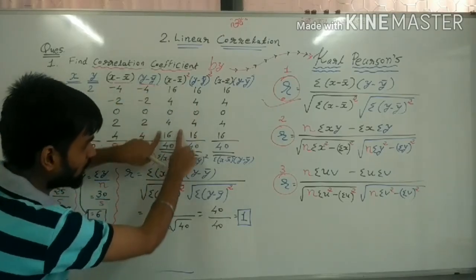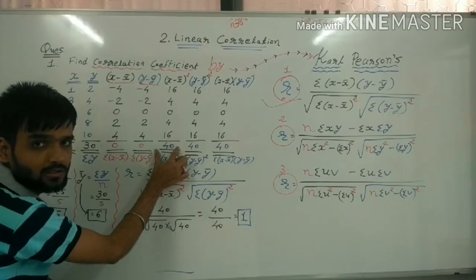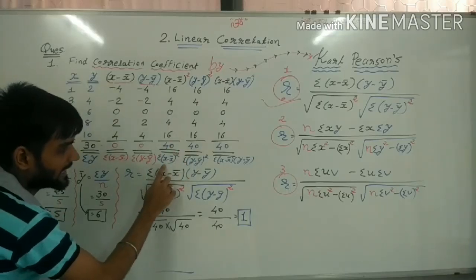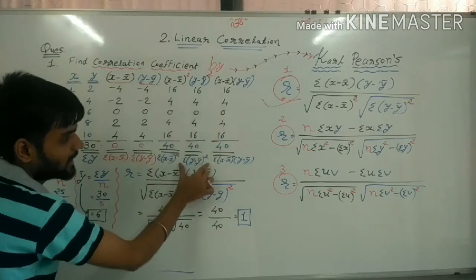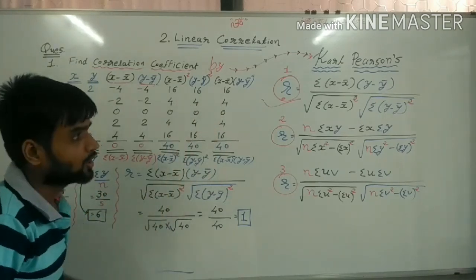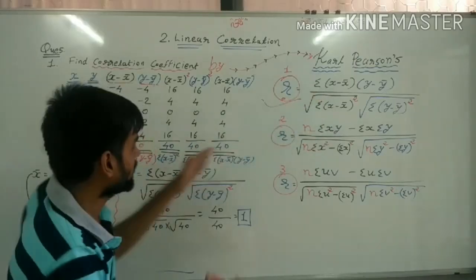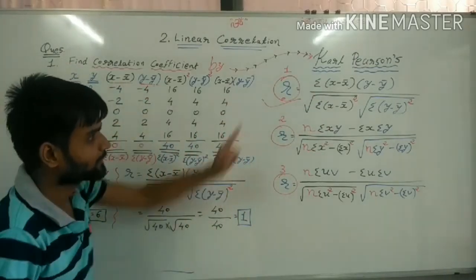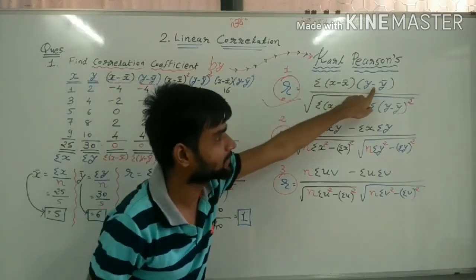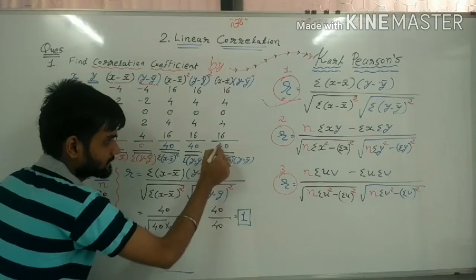If we take the total of all of this, then we find sigma x minus x bar square. In the same way, y minus y bar square. So which three values do we need? We have found them from these three columns. Sigma x minus x bar, y minus y bar is 40 here.